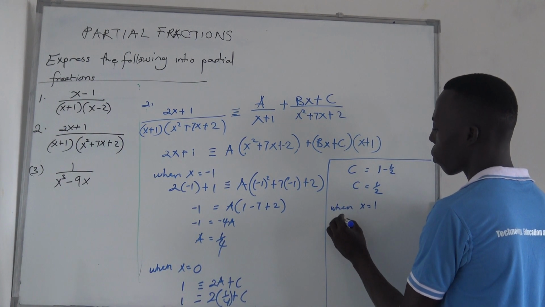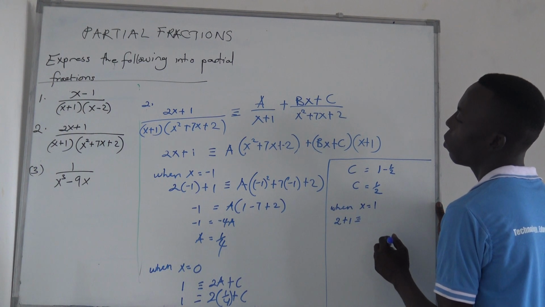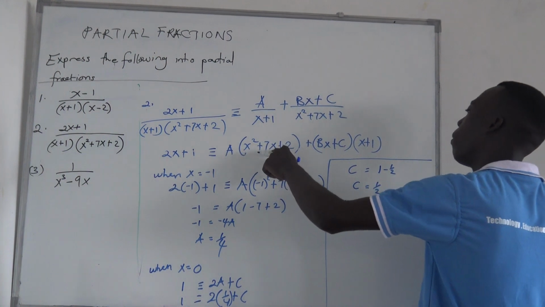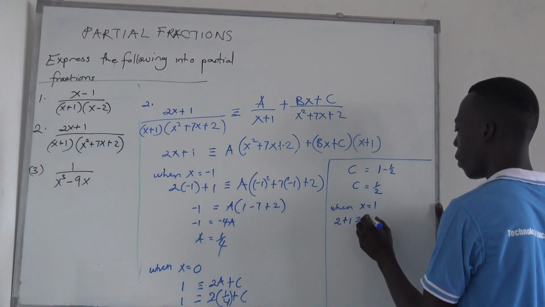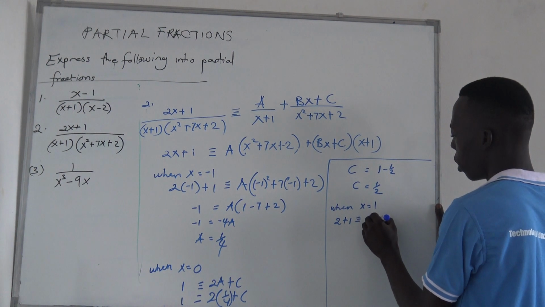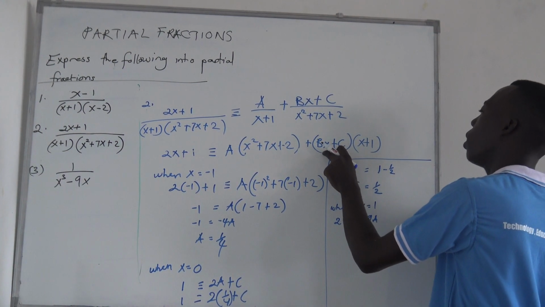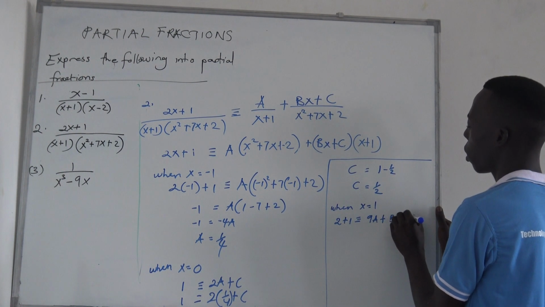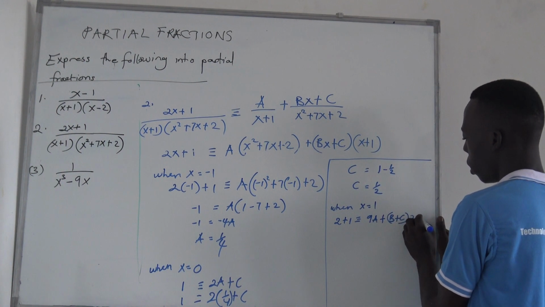So this one becomes 2 plus 1 is equivalent to, that one becomes 1 plus 7, that is 8, plus 2, that is 9a. Also this one, when I put in this one, that is b, which is b plus c. Then I put here 1, which is a 2.